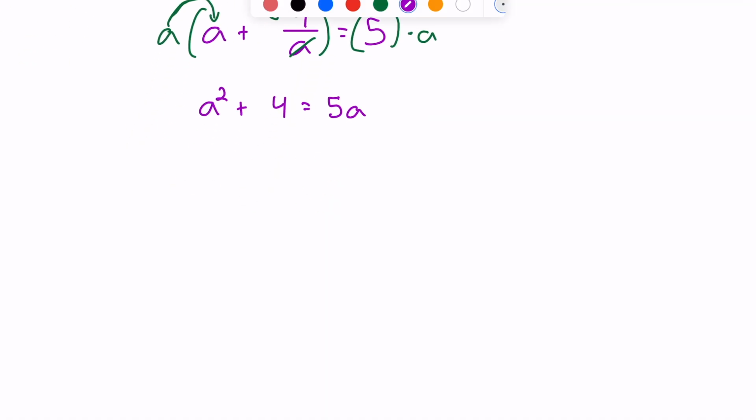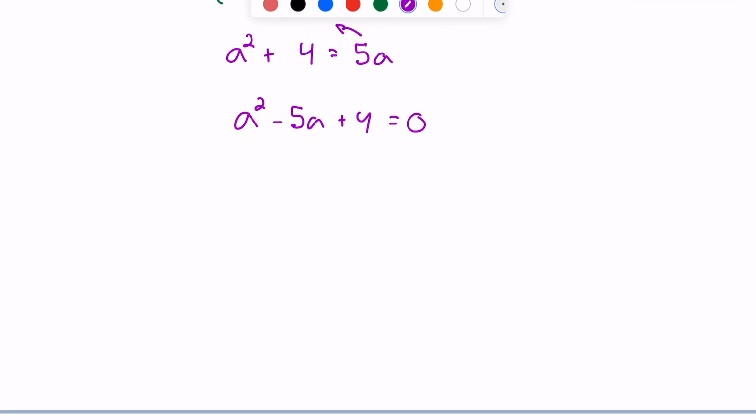So we now have a quadratic. Let's bring this 5 to the one side. So that's a squared minus 5a plus 4 equaling 0. And solve it like we did before, so factor it. So that's going to be a minus 4, a minus 1 equaling 0.